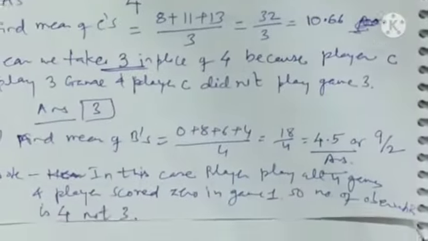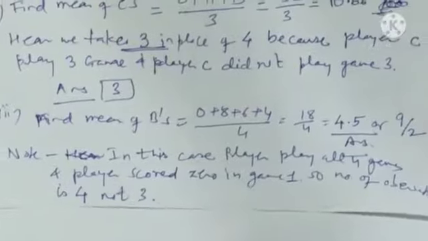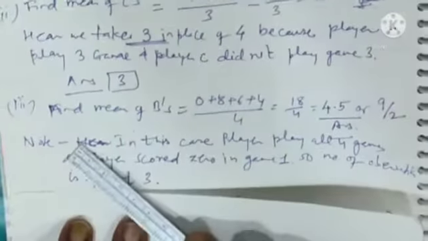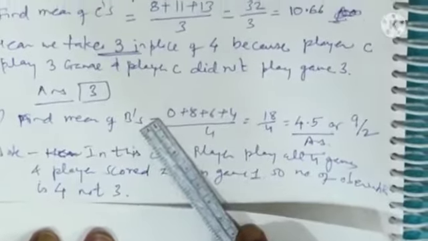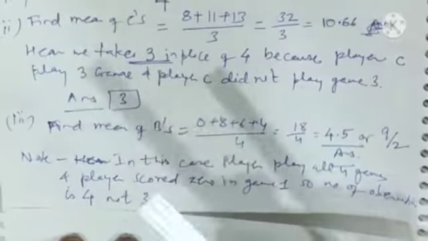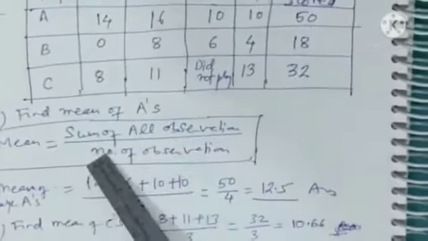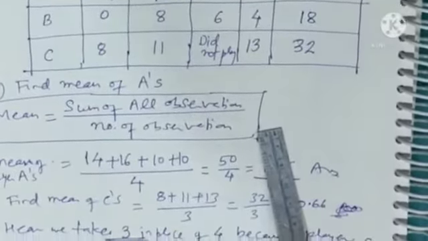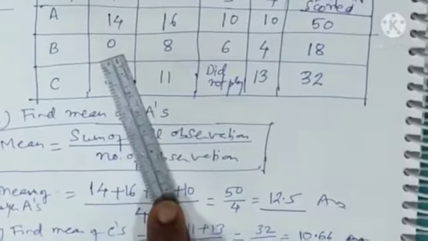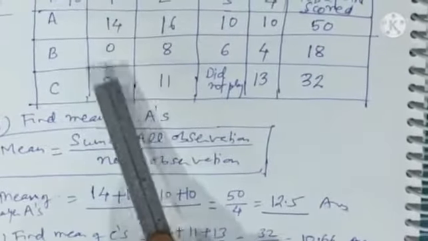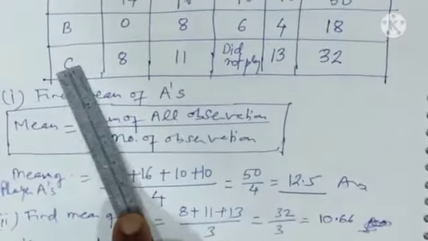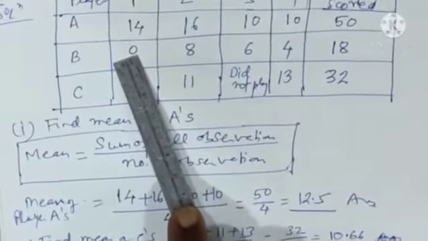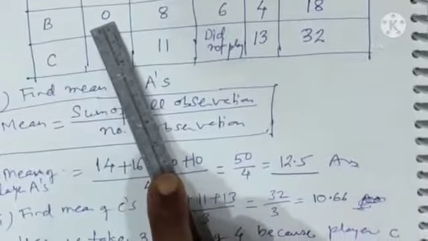Now the third part asks to find the mean of B's score. Similarly, the process is the same. Mean is equal to the sum of all observations upon the number of observations. Here you see the main difference between C and B. B participated in all 4 games, but scored 0 in one.